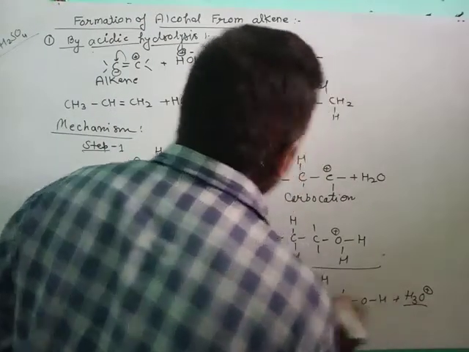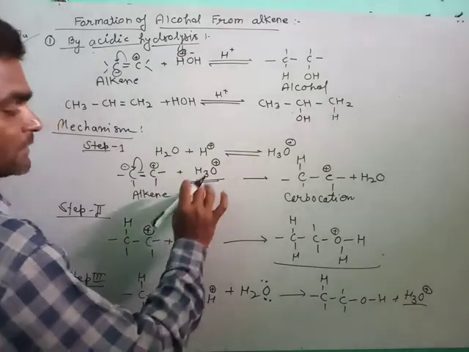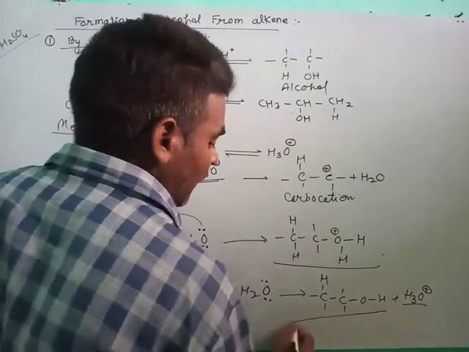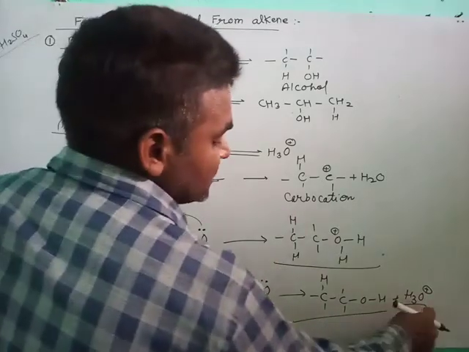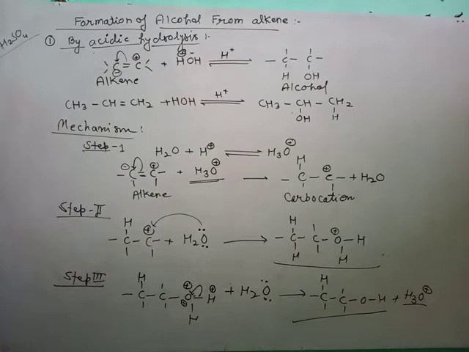So we see here the reaction is started with the attack of H3O plus ion, and the reaction is stopped, meaning the product is formed, by removal of H3O plus ion. So this is the mechanism of acid hydrolysis.